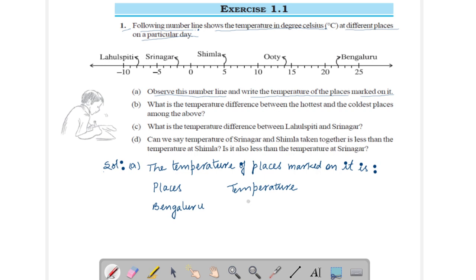Degrees Celsius. Then second is Ooty, temperature is 14 degrees Celsius. Then Shimla, temperature is 5 degrees Celsius.